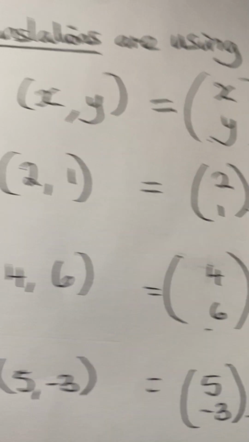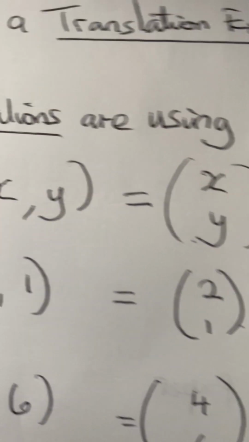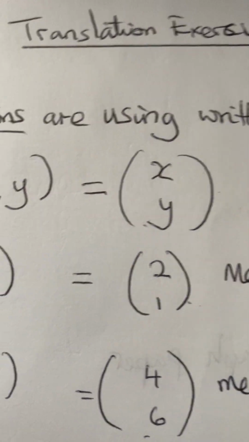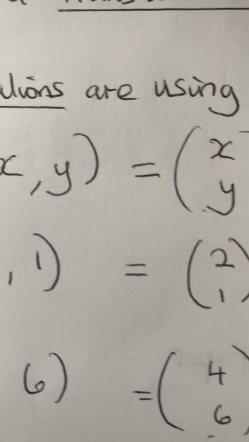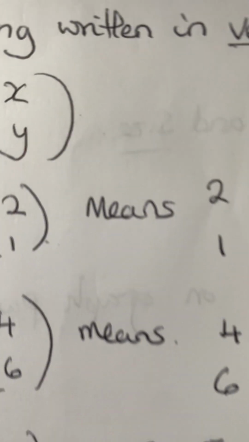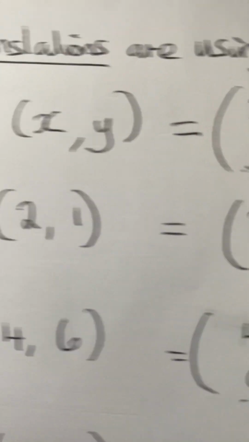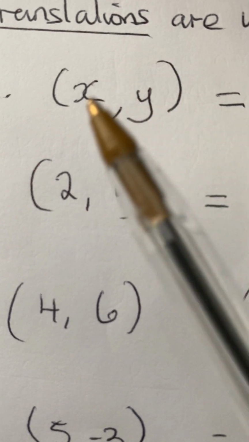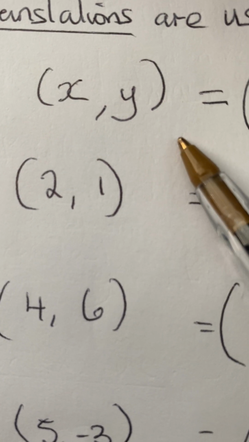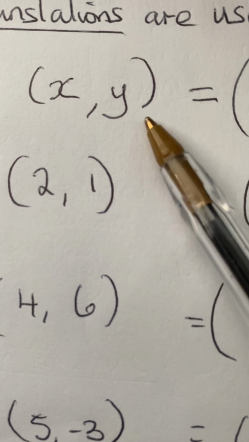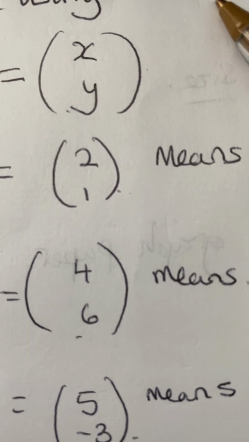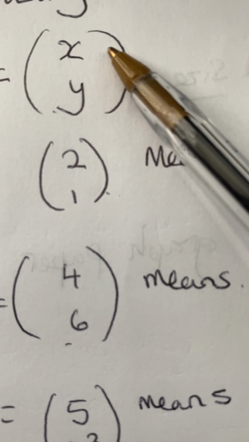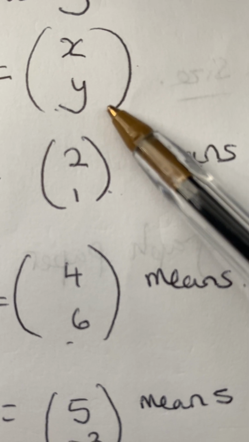Now, let's look at some translation exercises. Before I do that, I need to inform you about something. Translations are normally written in vector form. So instead of writing the coordinates as x and y, as we saw in the starter, they will write it in this form: x on top and y below.